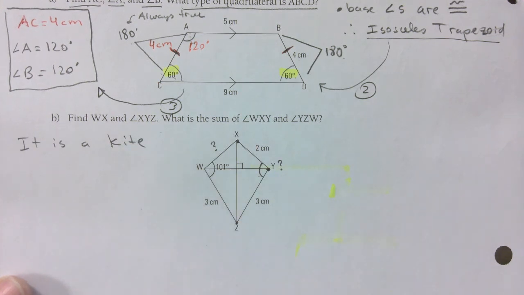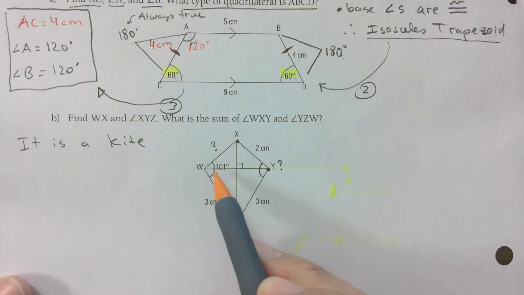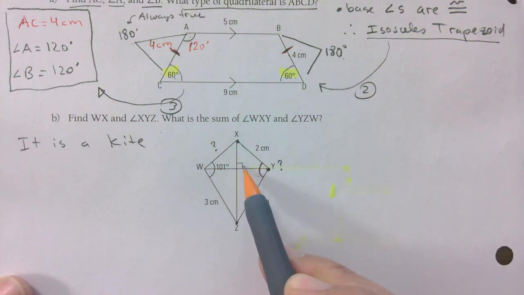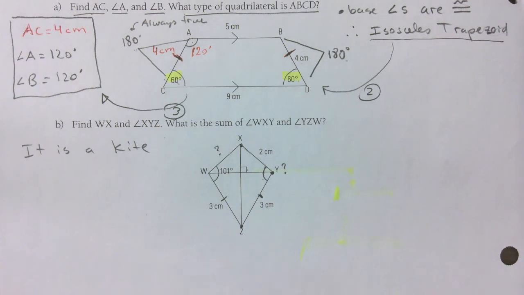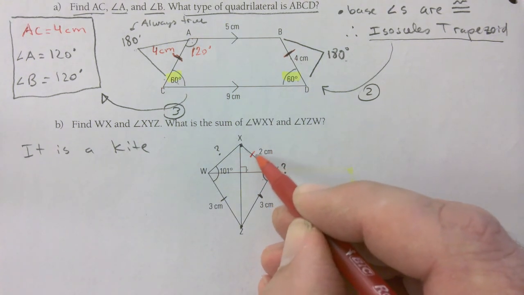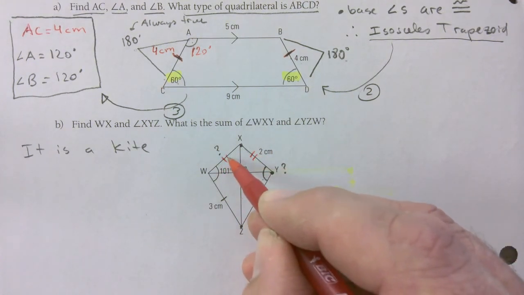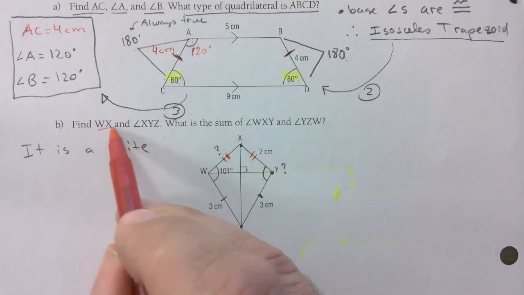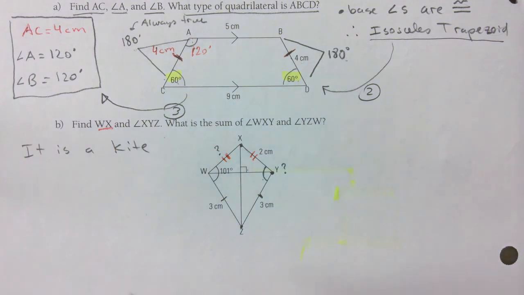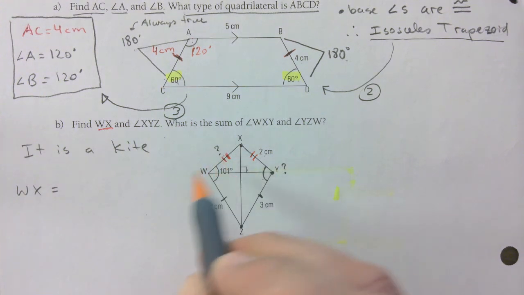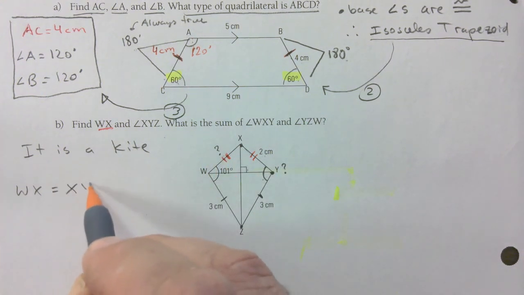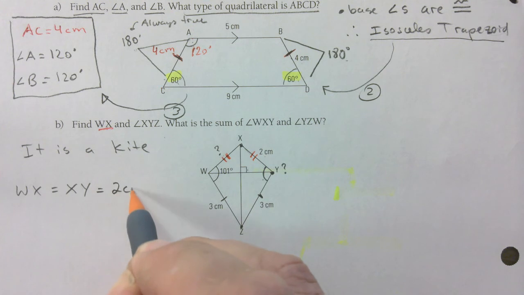How do we know that it's a kite? Well, the diagonals meet at a 90, right? And we're told that this side is the same as that side. So we have enough information to conclude that this is a kite. So we know that this side is going to be the same as this side. So WX is therefore answered, right? WX is going to be the same as XY, which is 2 centimeters.